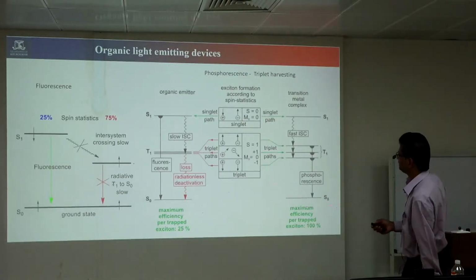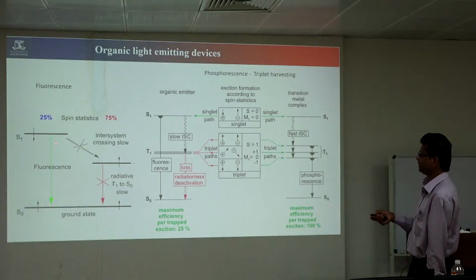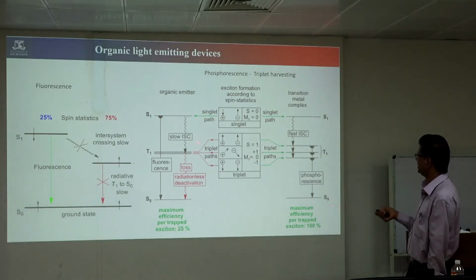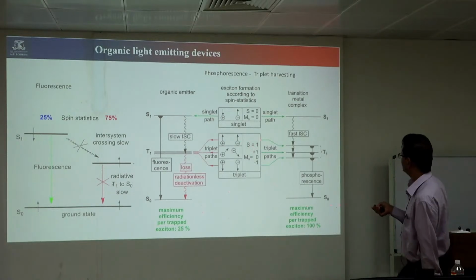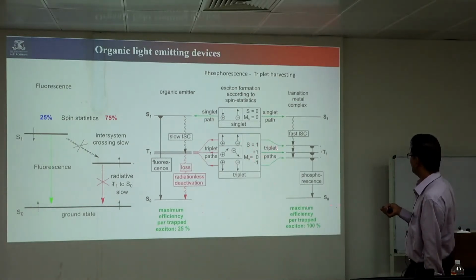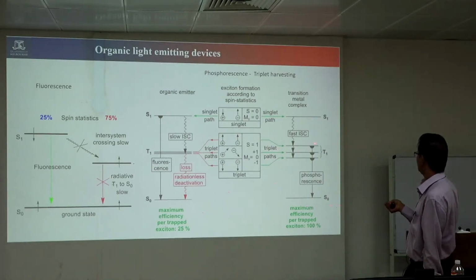Next, I am telling you that this is fluorescence. This fluorescence majorly goes only to fluorescence. It doesn't go to intersystem crossing. And in phosphorescence, with triplet harvesting, most of it will go to the triplet state. This is because for the singlet state, only one state is possible. After intersystem crossing, the triplet pathway, if it is equal to 0, then with the magnetic potential, this combination will give the remaining three states going to the triplet state.